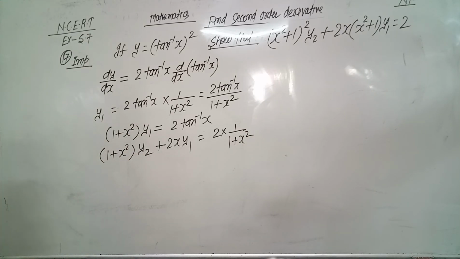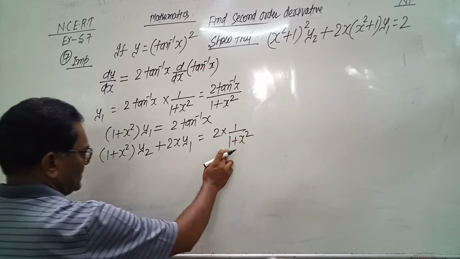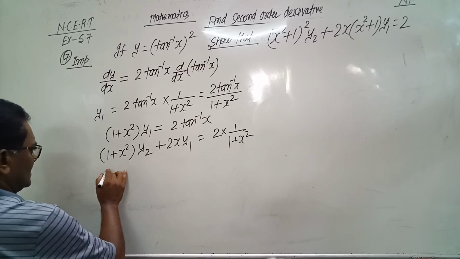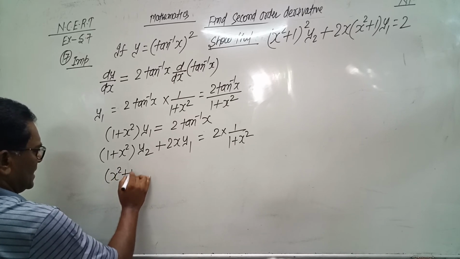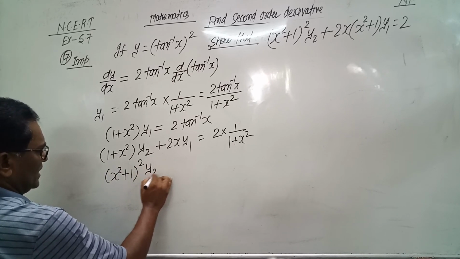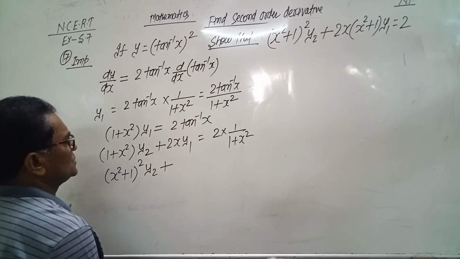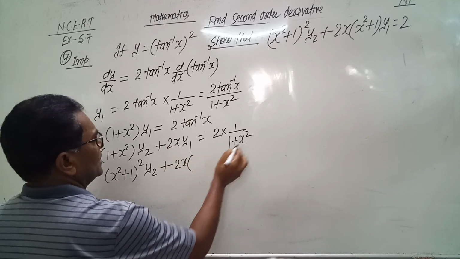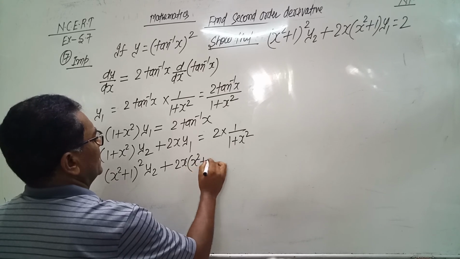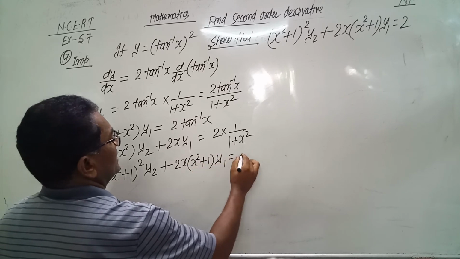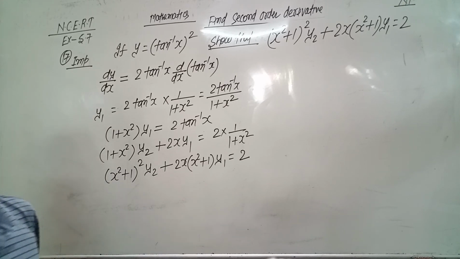So do cross multiplication again, x square plus 1 multiplied by x square plus 1. So this becomes x square plus 1 the whole square y2 plus 2x into x square plus 1 into y1 equals 2. So this is what we had to show.